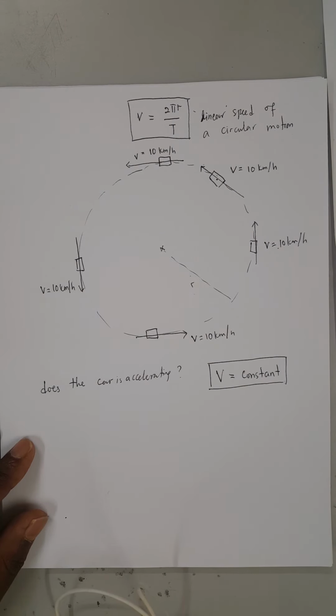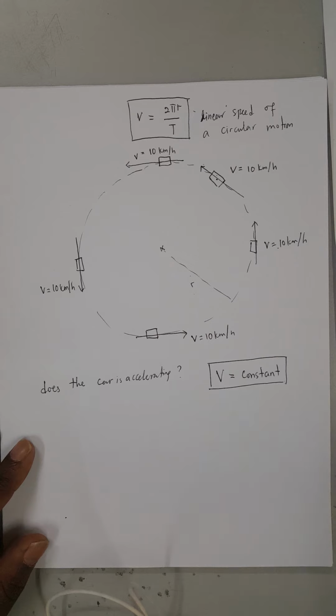In another case, where a car or an object is moving at a linear speed and then makes a U-turn, while it is making the U-turn the car is actually accelerating. Why is it so, even though it's moving at a constant speed?